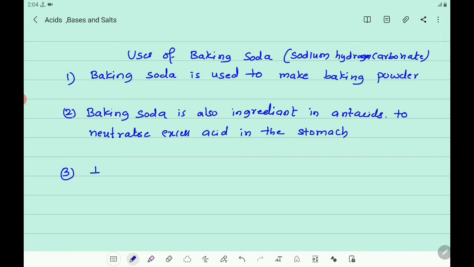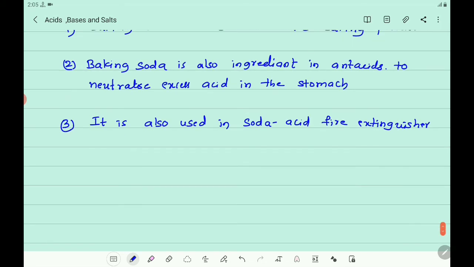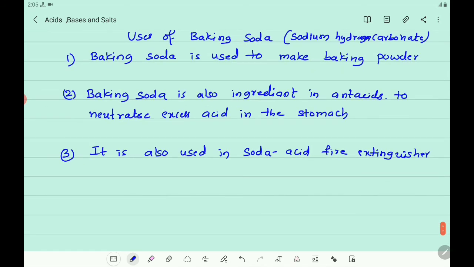So you write, it is also used in soda acid type fire extinguishers. These are some uses of baking soda or sodium hydrogen carbonate.